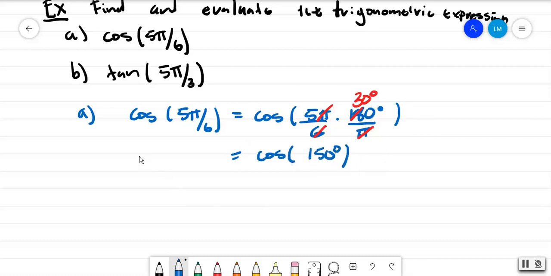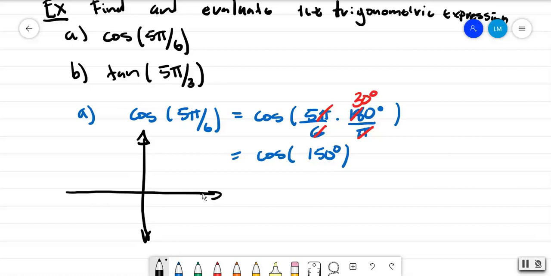Now this is just a matter of figuring out where cosine of 150 degrees is. So cosine of 150 degrees terminates in the second quadrant, which means that basically this is our angle. Whether you want to call it 5 pi over 6 or 150, you're more than welcome to. But then furthermore, I know that this is 180.